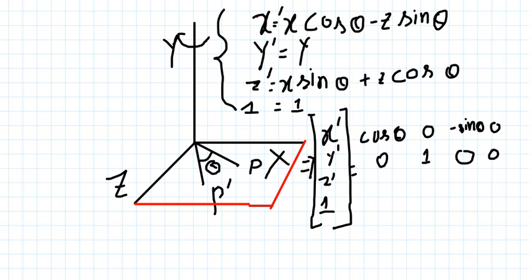Now the row for the z-axis equation: sin theta, 0, cos theta, 0, and 0 0 0 1.